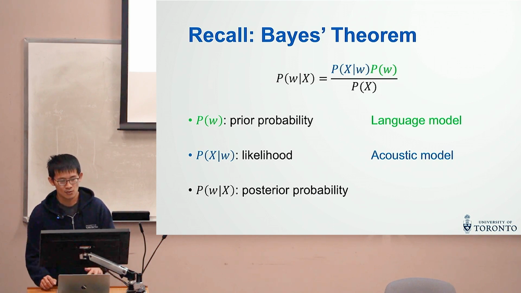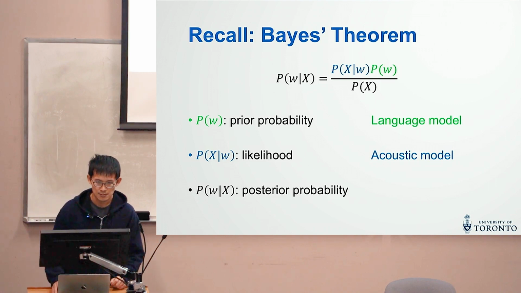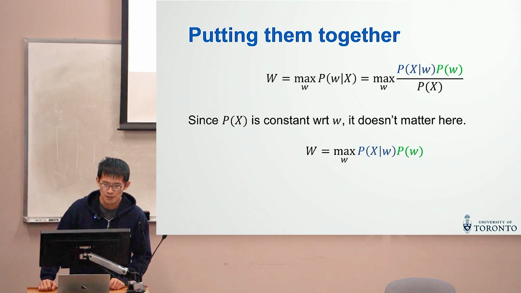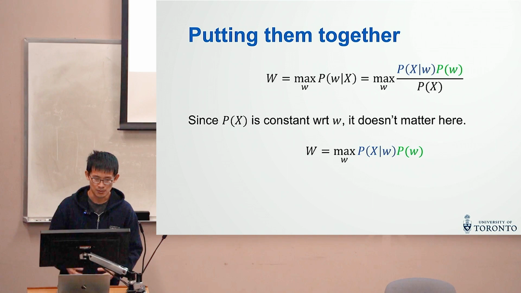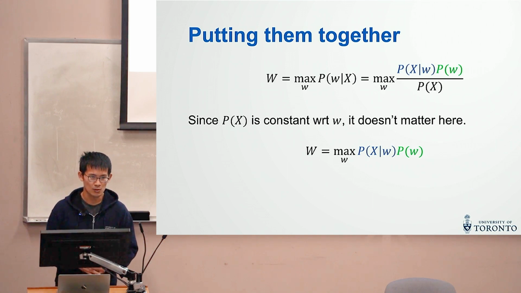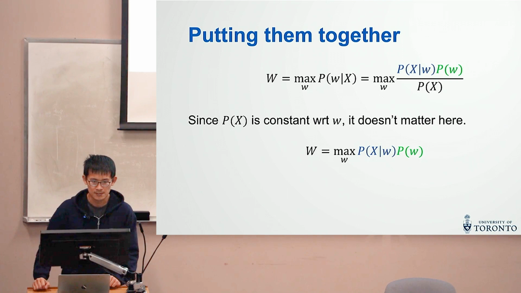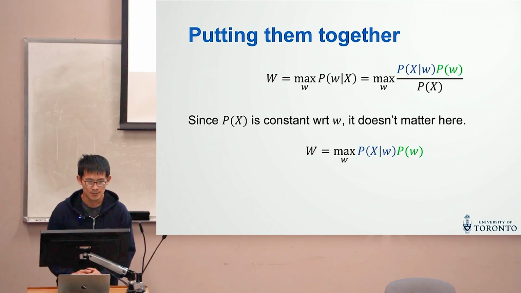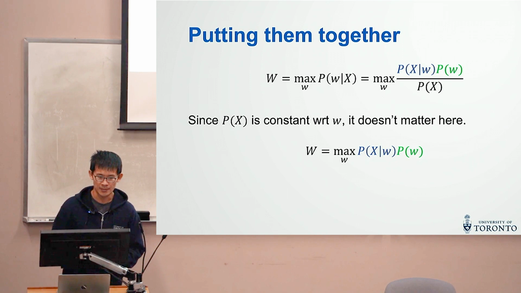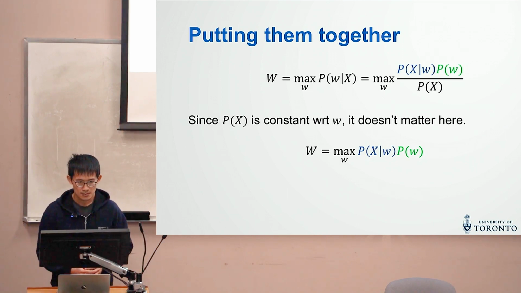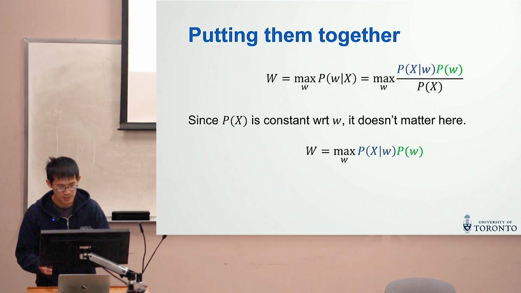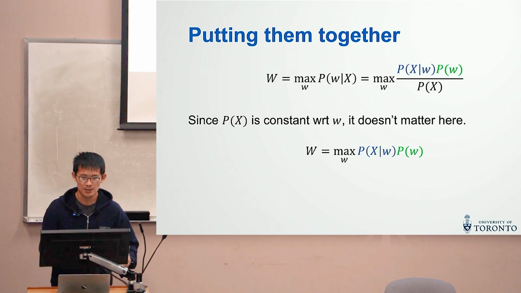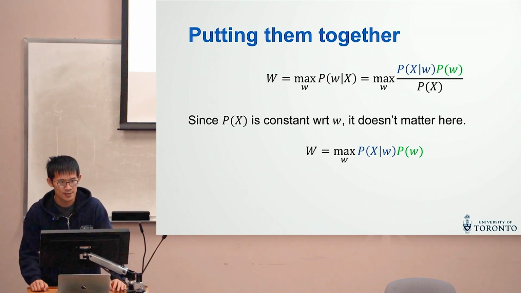With those two items in place, we are able to do the maximum probability search. The denominator P of x does not really matter, because it is kept constant regardless of what word W you are looking at. So essentially, this search turns into a maximum probability search of P of x given W, the result of the acoustic model, multiplied by P of W, the result of a language model.